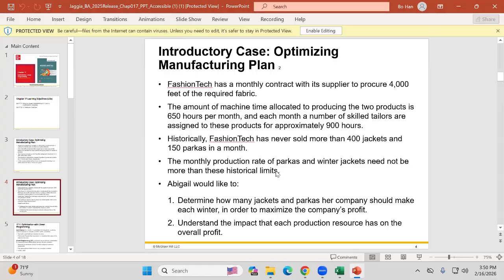The second question, she wants us to understand the impact of each production resource on the overall profit. Meaning that we are facing constraints, we should be able to interpret each constraint, the status, and the slack value. This is how you interpret the answer report.